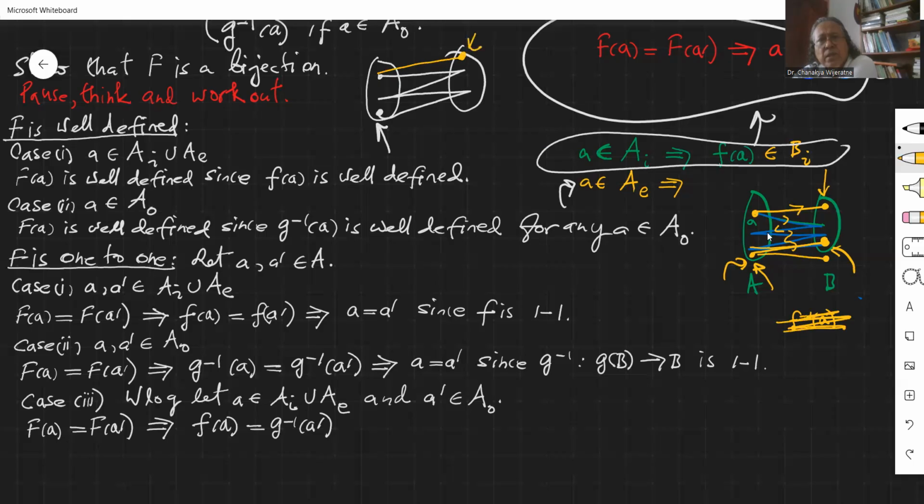It's an element in B, and it stops in A. So one more ancestor is added. Here you have an even number of ancestors, and with this one it has an odd number of ancestors. So A belongs to AE implies that f of A belongs to BO.